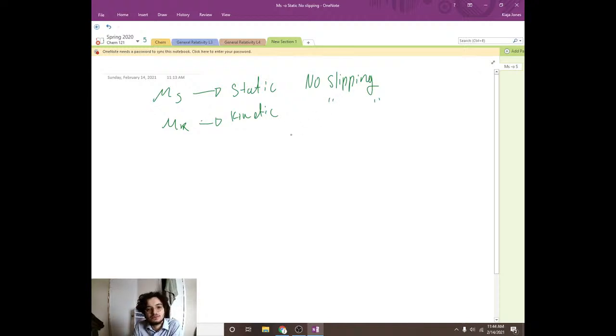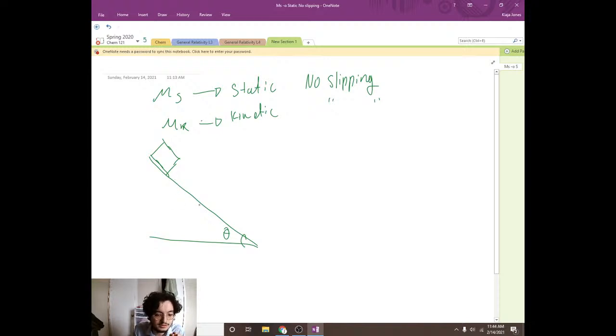generally when we try to find the coefficient of friction, for example, for a box on an inclined plane, let's say that we can change the angle theta around.